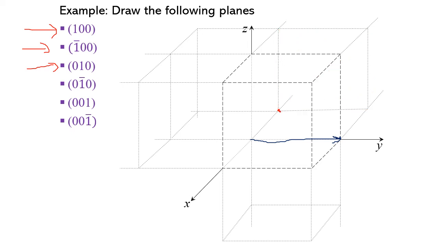So the required plane is this plane. Similarly, you can pause the video and try this 0 1 bar 0 yourself, and this will be simply this plane.